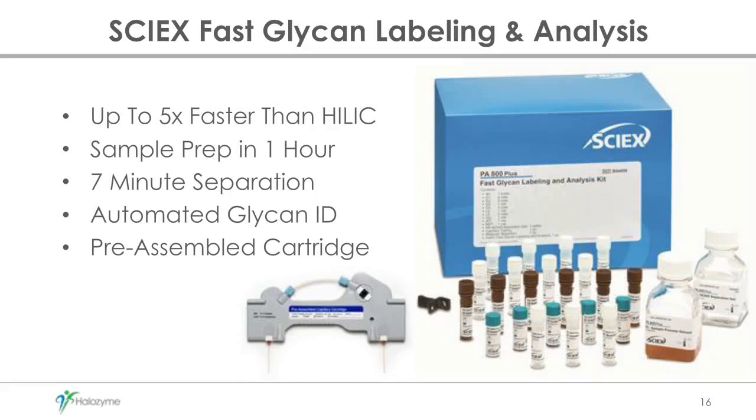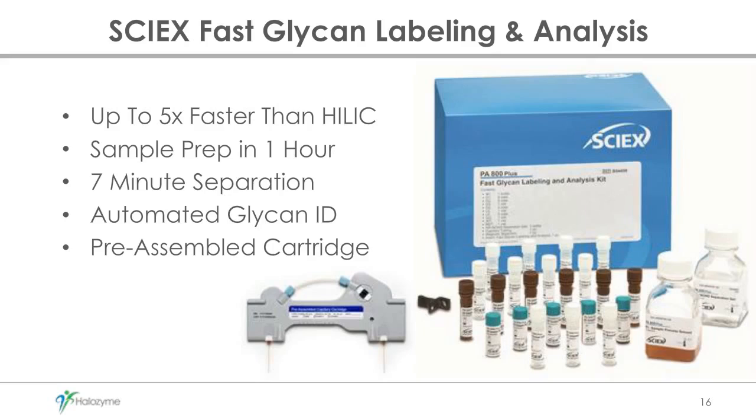So here I just wanted to show you what the SCIEX kit looks like. Obviously it's 5 times faster than the HILIC, and we see that in the separation. The sample prep is 1 hour, just like I said, with a 7-minute separation, and then you get that automated glycan ID.